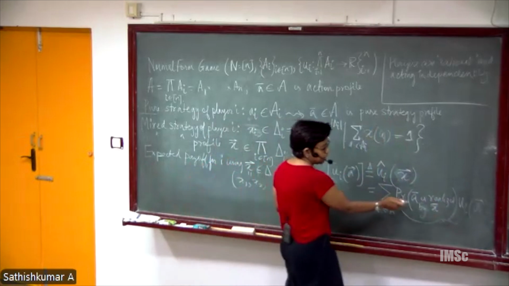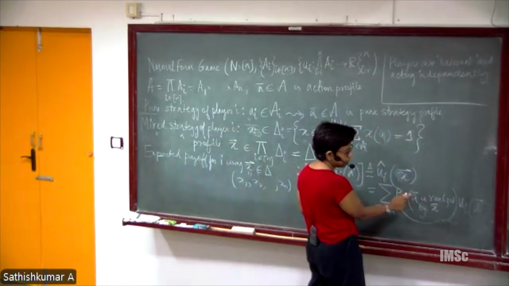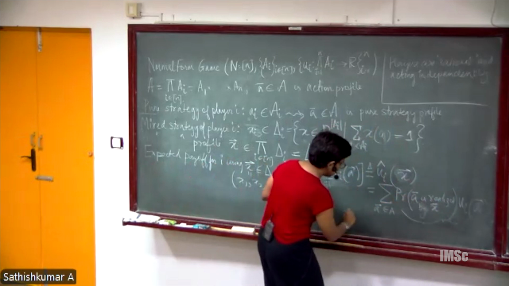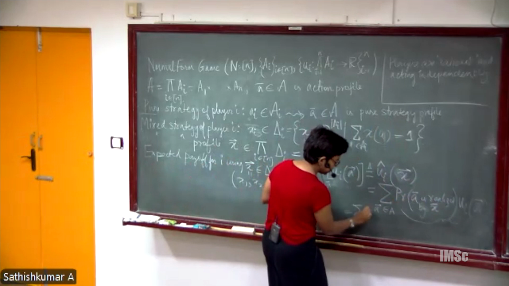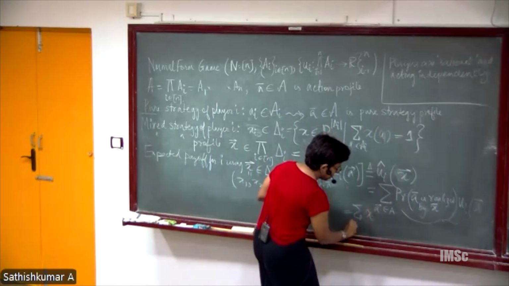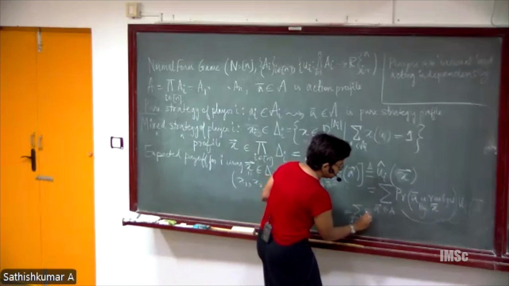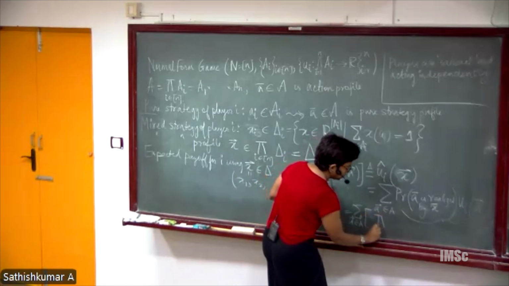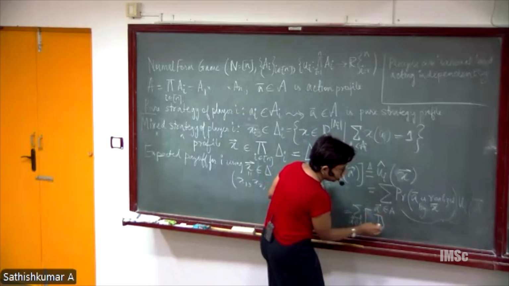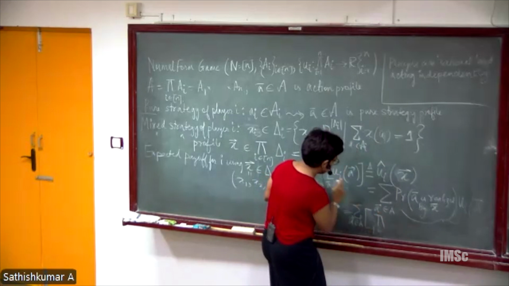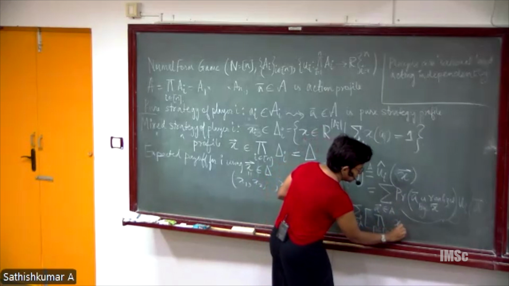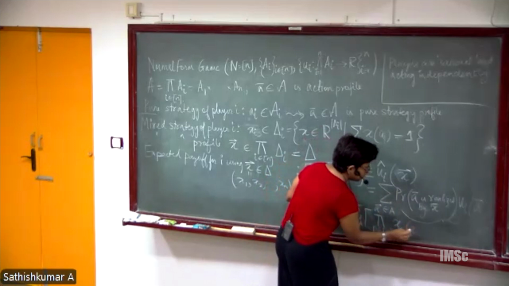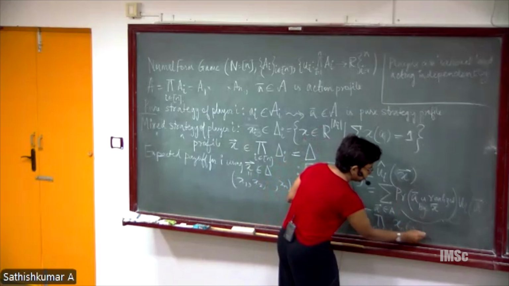So if action profile A has to be realized by X bar, what we do is, I'm not going to use I anymore, the product of Xp of Ap.